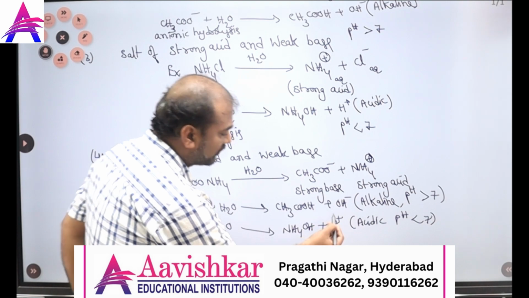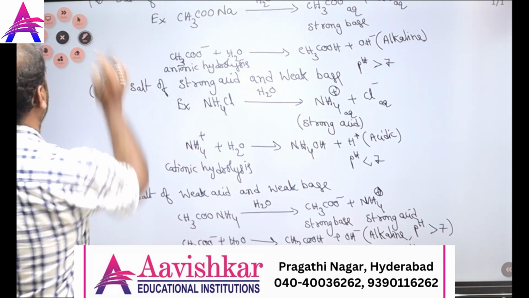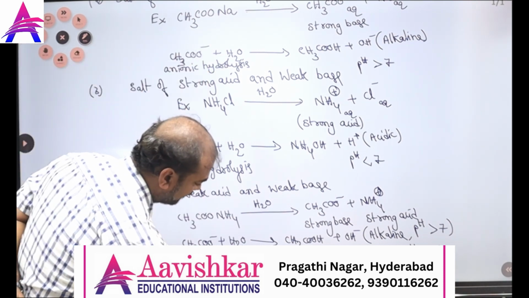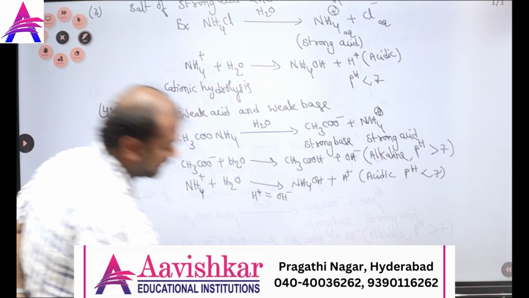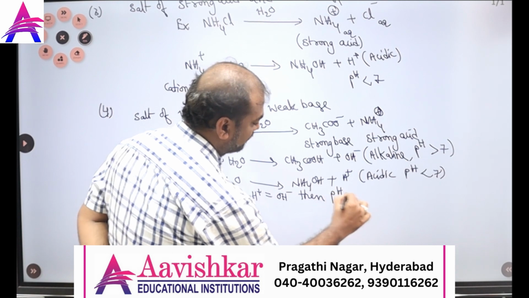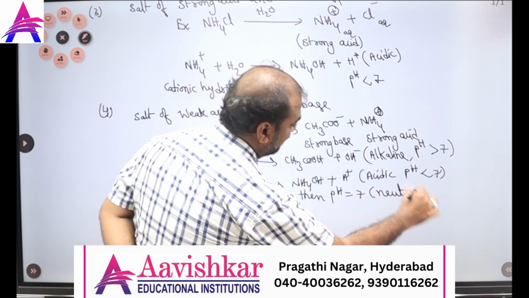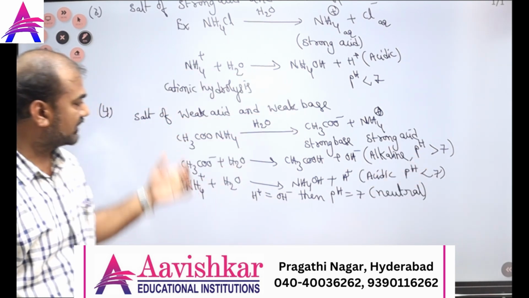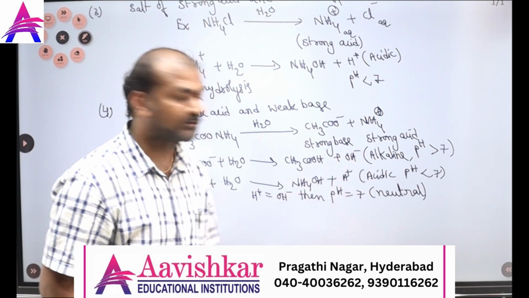If the H+ ion concentration is equal to the OH- ion concentration, then pH is equal to 7 and it is neutral. So the final conclusion: on hydrolysis of the salt of weak acid and weak base, the solution may be alkaline, acidic or neutral.